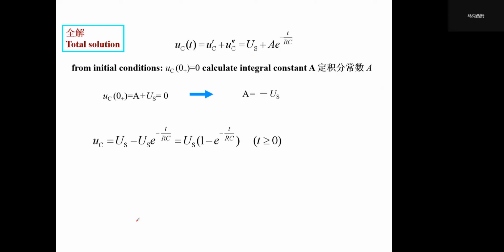So we can rewrite it like this: UC equals US minus US times e to the power of negative t over RC. From this equation, we can derive that i equals C times the derivative of UC with respect to time t, and we can rewrite it as US over R times e to the power of minus t over RC.